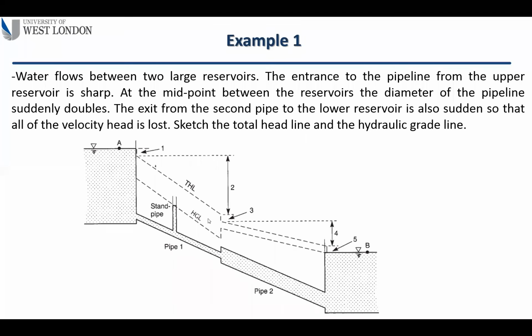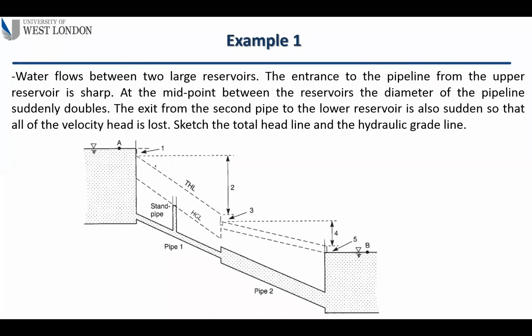But there is something that happens for the HGL. This is the velocity here. Once the same flow goes into a larger pipe, the velocity decreases based on the continuity equation. Because the velocity decreases, the velocity head reduces.